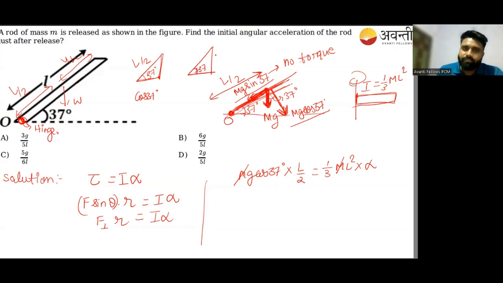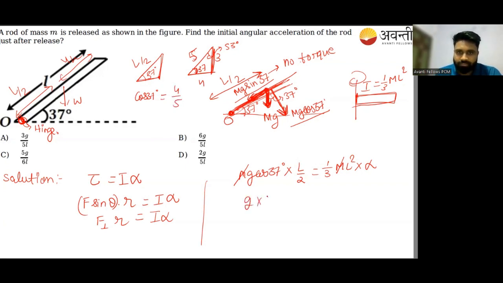This length will be 3, this is 4, and this length is the maximum, 5. So this angle would be 37 and this angle would be 53. From this triangle you can calculate cos 37 is 4 by 5.